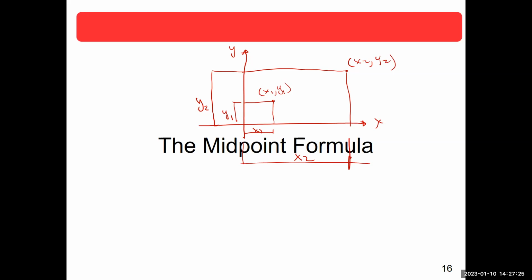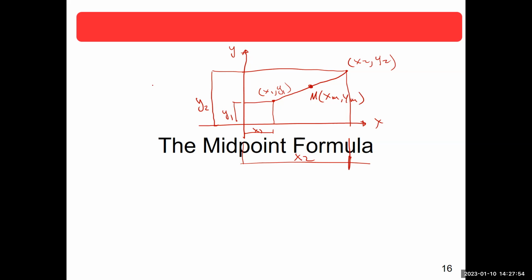If I connect those 2 points, what is the coordinate of the midpoint between those two? So let's eyeball it. If this is the midpoint, M, what's the coordinate? Let's call it xM, yM.